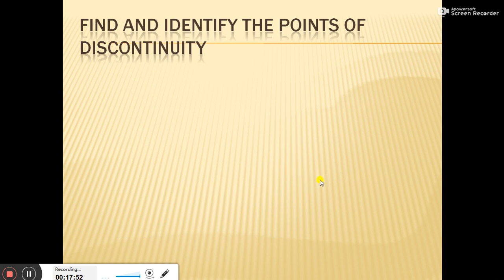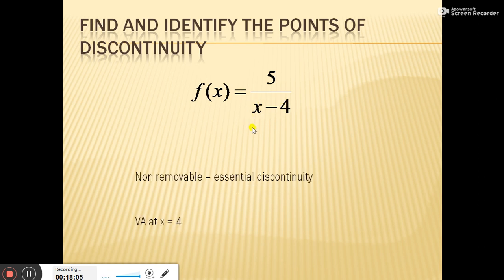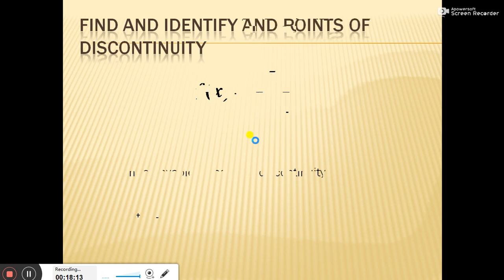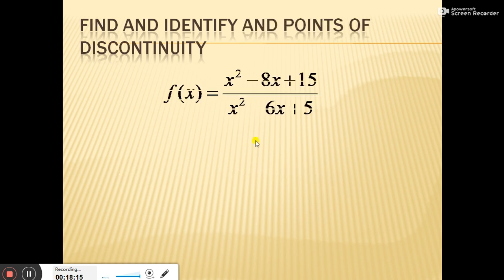And now we have to find and identify the points of discontinuity in another example. Now we have a rational function, and for this rational function the denominator is equal to 0 at x equal to 4, and therefore this is a non-removable, that is an essential discontinuity. And now another example, f(x) is equal to x square minus 8x plus 15 upon x square minus 6x plus 5.